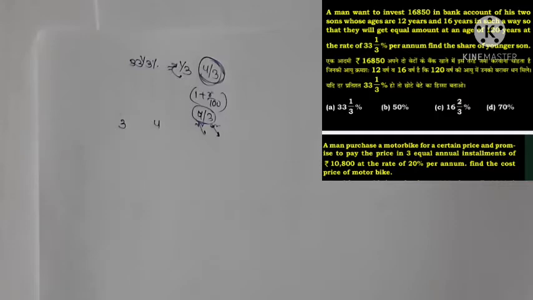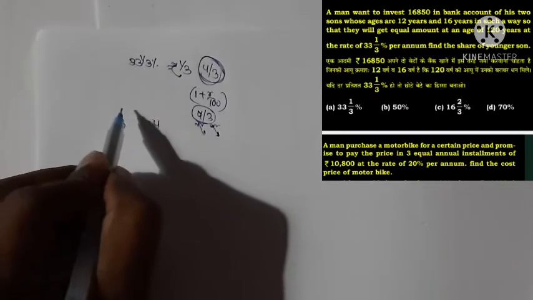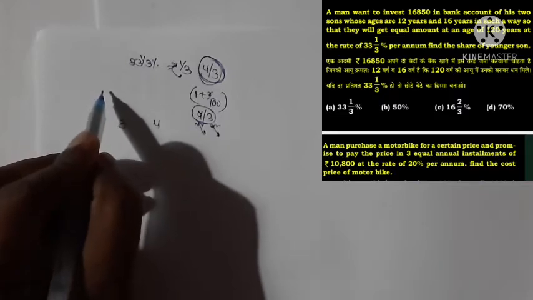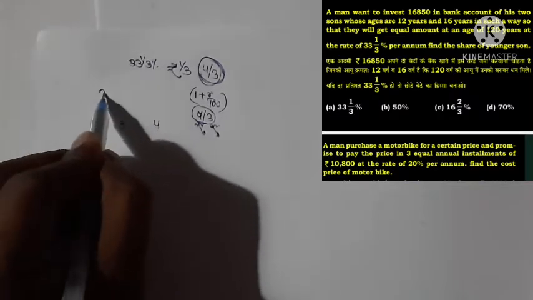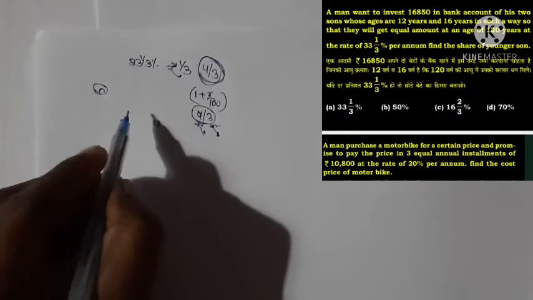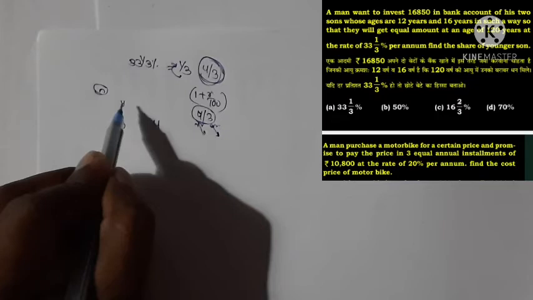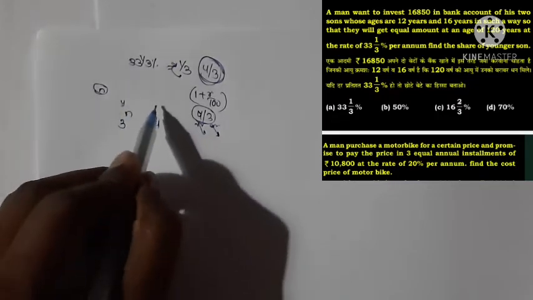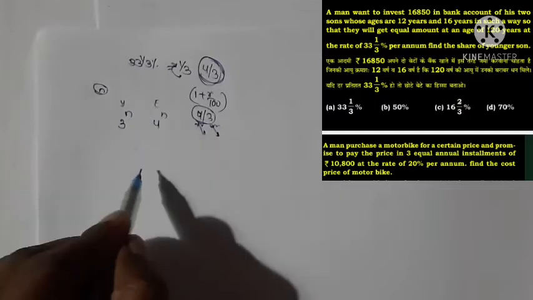Then what is the difference of ages of younger son and elder son? The younger son is invested at 12 years and the elder son at 16 years. So the age difference is 4 years. So you have to write the difference of ages of elder son and younger son as n. Then younger son is 3 power n, elder son is 4 power n.